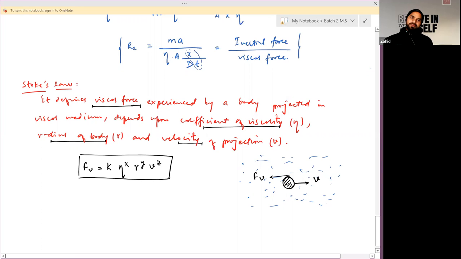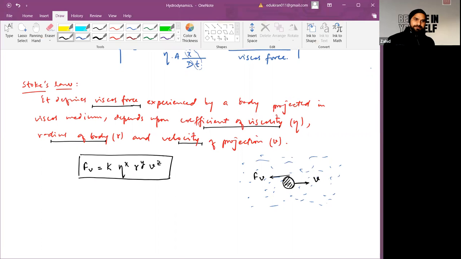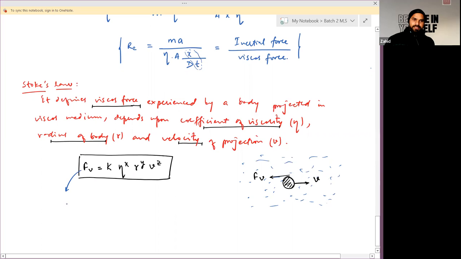Now put the dimensions on both sides and solve them to find the values of x, y, and z. Let me define the dimension of each part. On the left hand side, we have force, having dimension MLT raised to -2. K is a proportionality constant. Eta will be ML^-1 T^-1 raised to x.